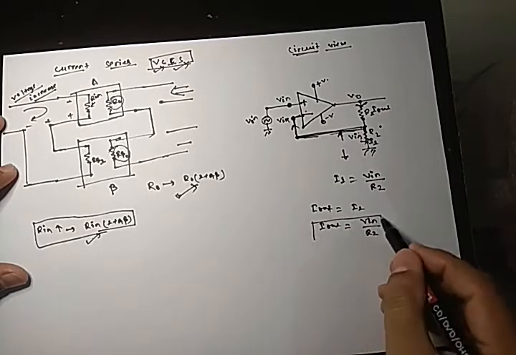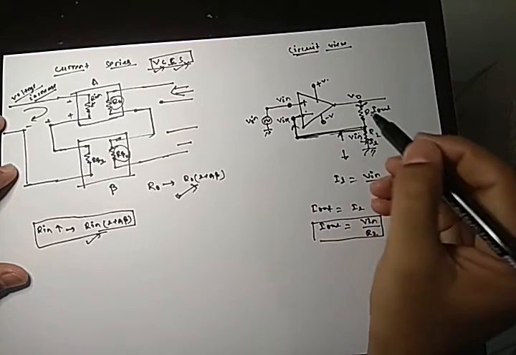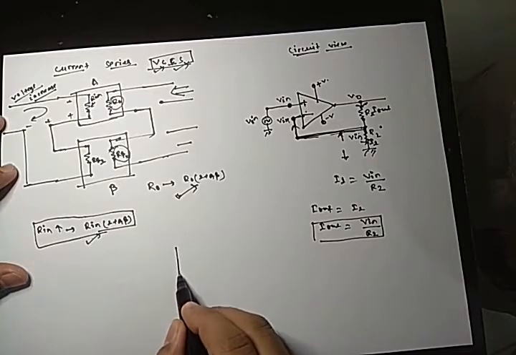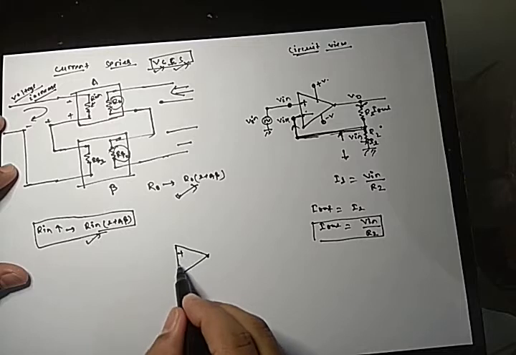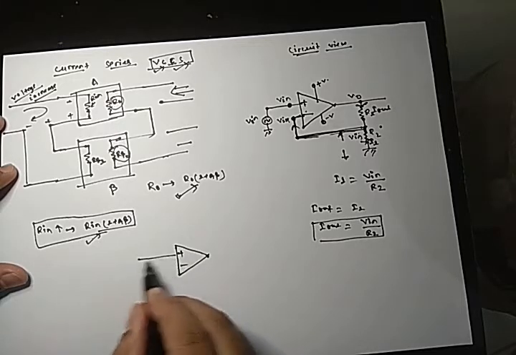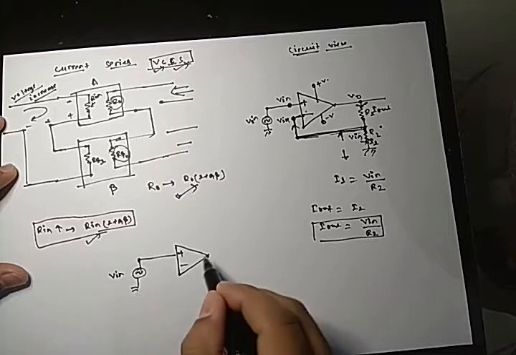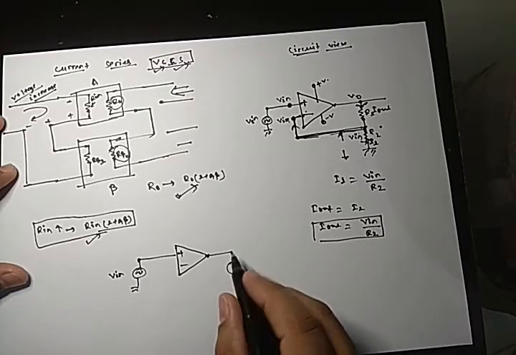So it is a constant current source. It is not dependent on R1. So we can replace this circuit and we can say this is a current source.